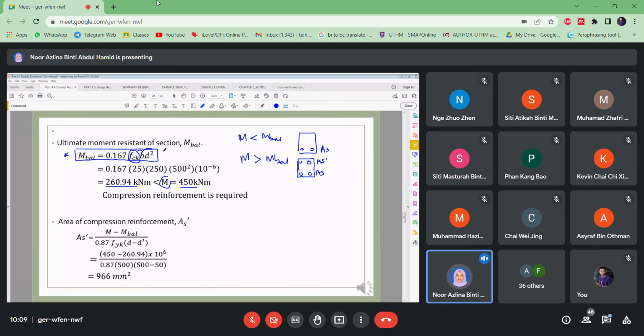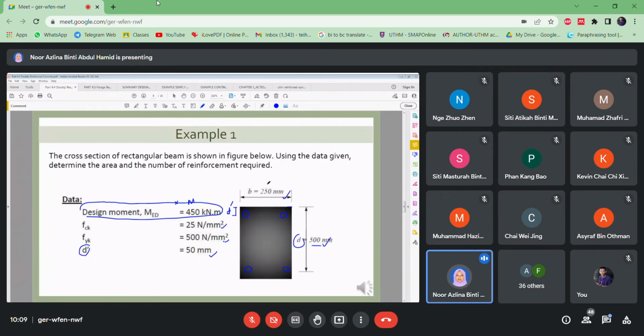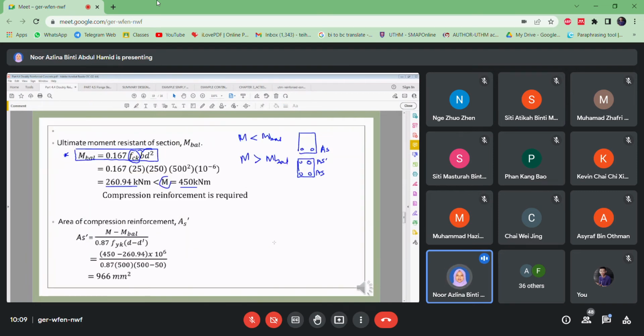This is the dimensions for these beams. Okay, so M balance, that means it is from the contribution from the FCK and contribution from the size of the beam that is given here. So that means M is more than the M balance.